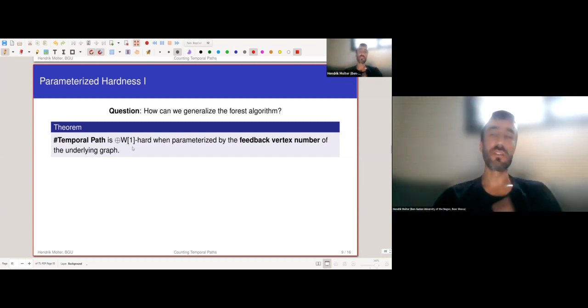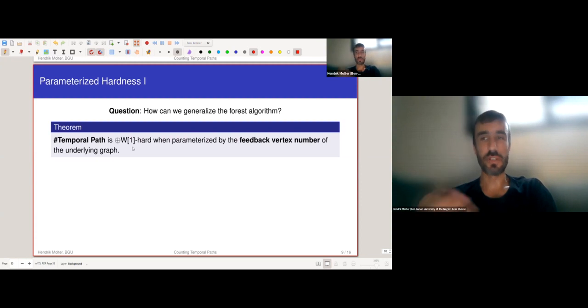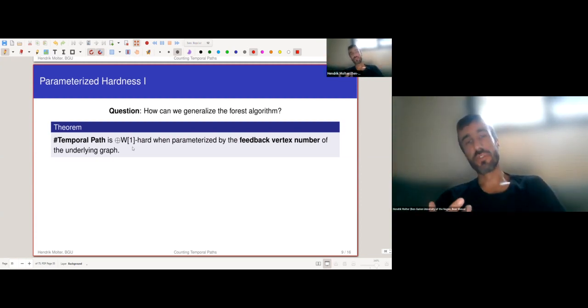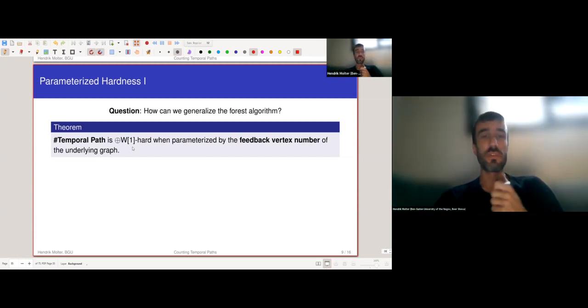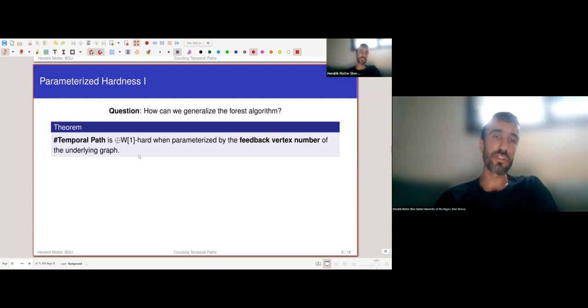So also counting the temporal paths is hard, because if we can count, we can also determine the parity. And of course, this uses the assumption that parity W[1] is not equal to FPT, but even that I would say is relatively widely assumed to be true.